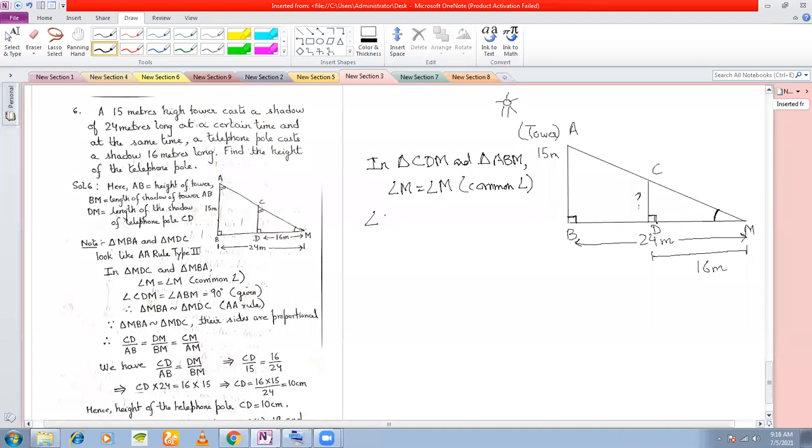And in the smaller triangle, you have angle CDM equal to angle ABM, equal to 90 degrees. This is given to you. Two angles of the two triangles are equal. Therefore, triangle CDM is similar to triangle ABM. Now we write the proportional sides.